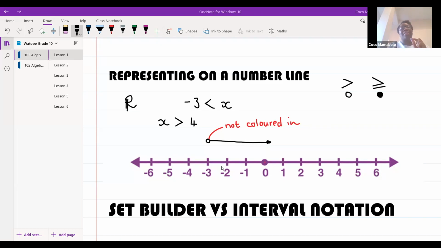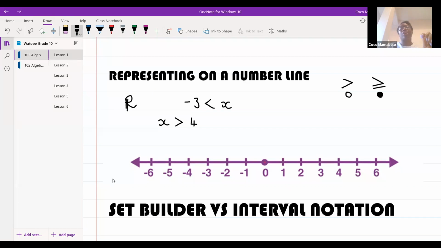I need to ask you guys, if I write X is greater than 4, am I going to color in my dot or not? Just tell me in the chat, colored in or not colored in. X is greater than 4. Okay, Molin says not.